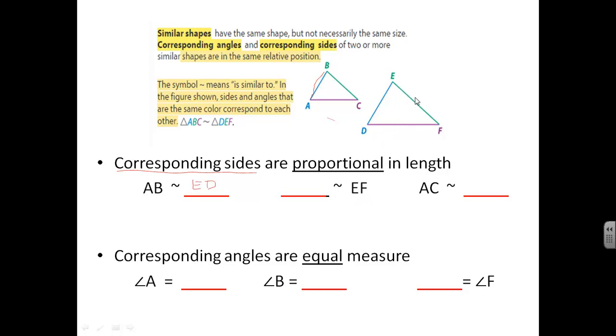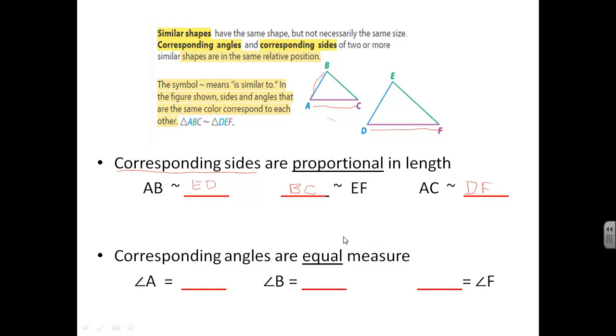And on the picture here, you can see that they're both green. BC is similar to EF. And so what about AC? That just leaves DF. Both of those are purple. Go TCU Horned Frogs. AC is similar to DF.